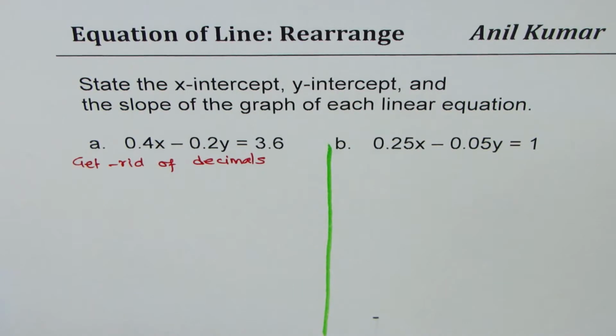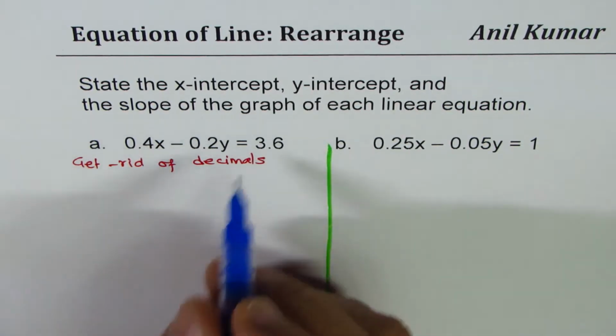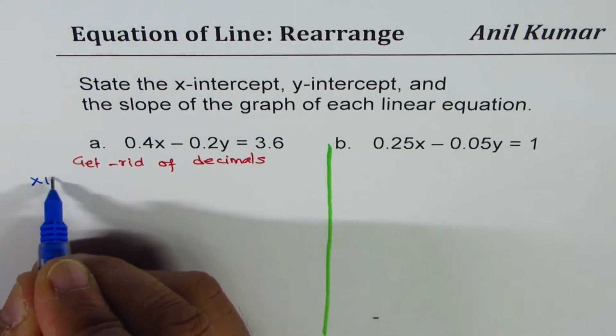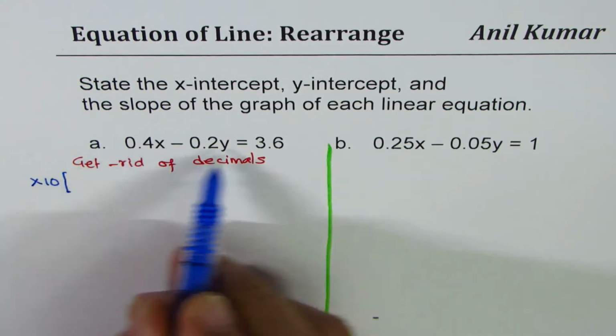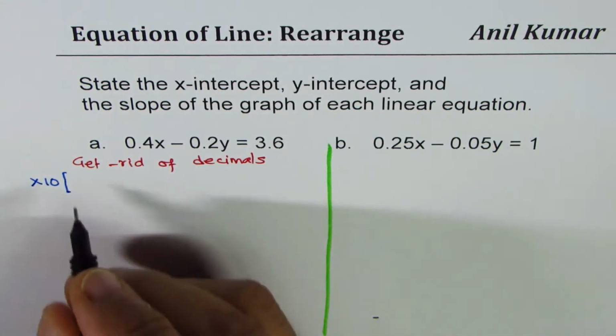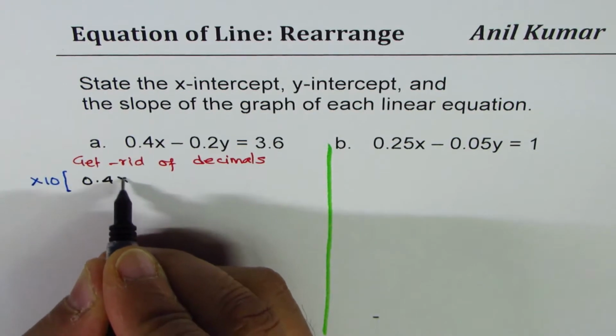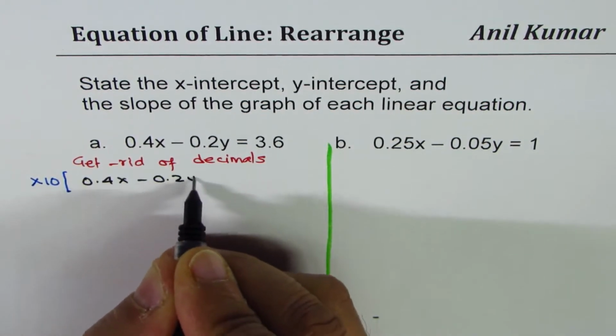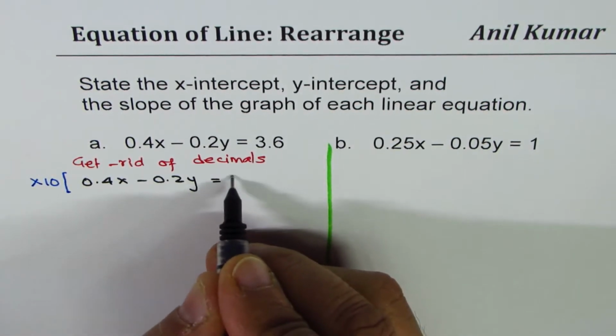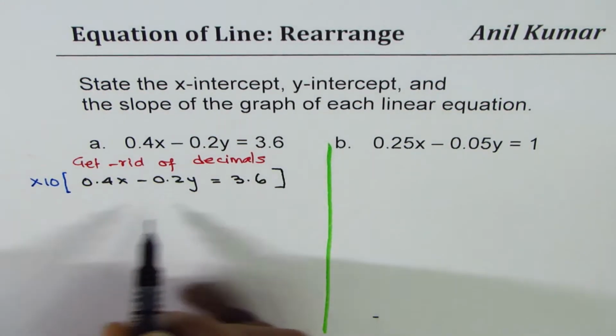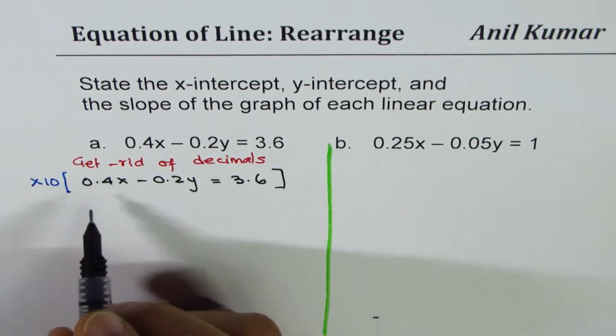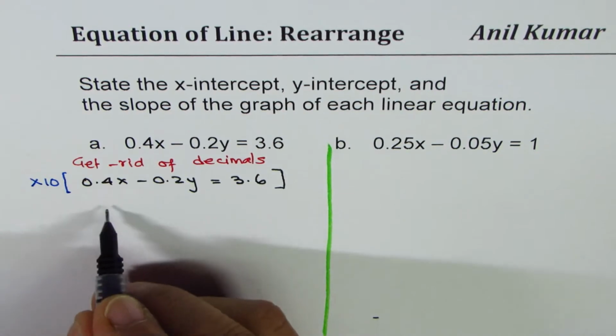So if I times 10, the first equation, the whole equation, times 10, 0.4x minus 0.2y equals 3.6. Is it okay? Then what do we get? We basically get 10 times 0.4 is 4.